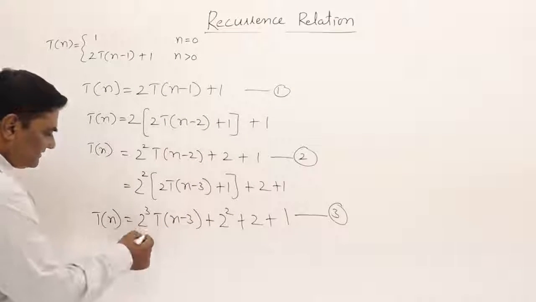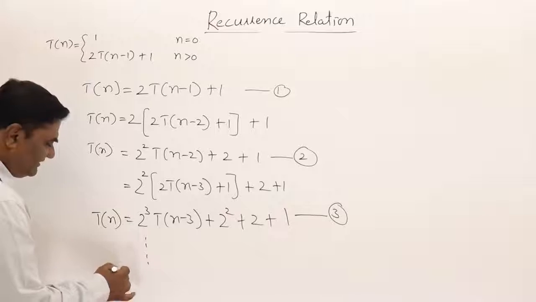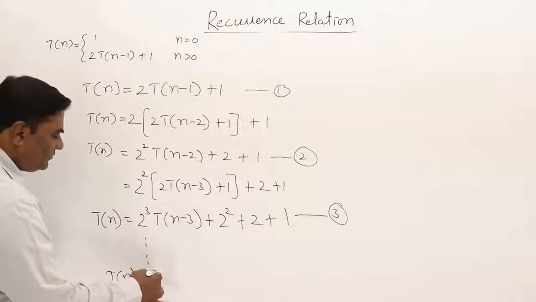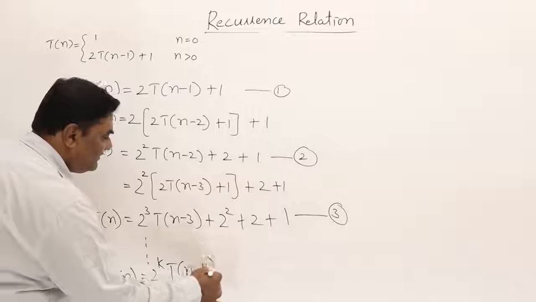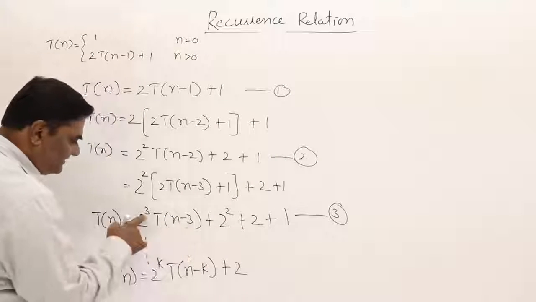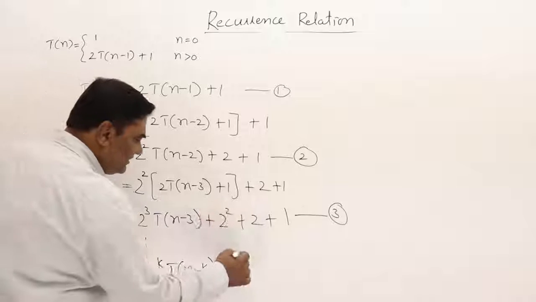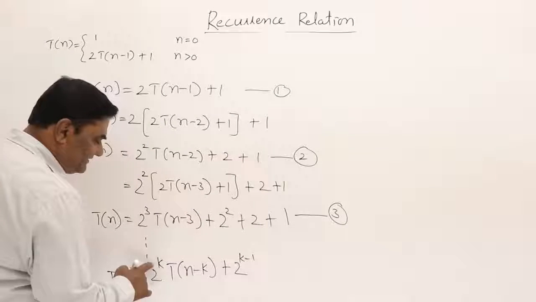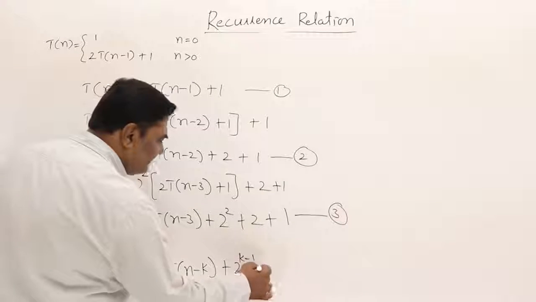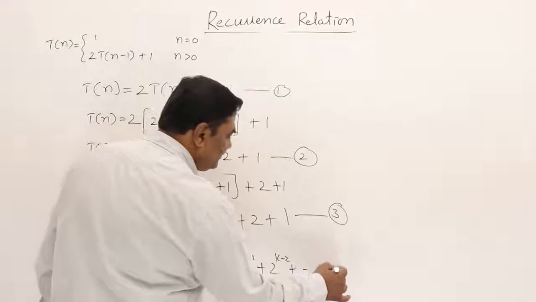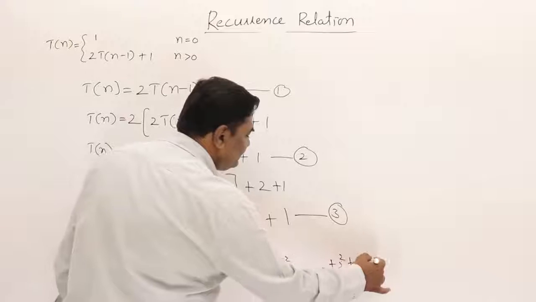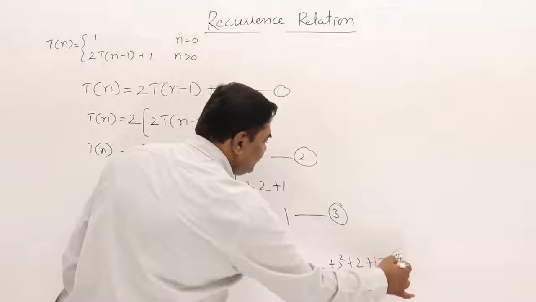If I continue this for k times, this Tn will be 2 power k Tn minus k plus 2 power, see when this is 3, this is 2. So when this is k, it is k minus 1, plus 2 power k minus 2 plus goes on to 2 power 2 plus 2 plus 1, and this is the fourth equation I have.